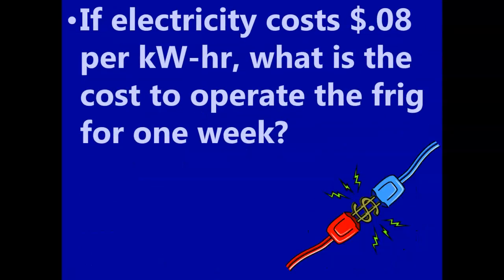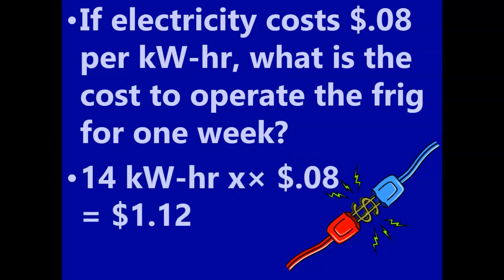Hopefully everybody got that. Now, if you're trying to figure out the cost, say it costs 8 cents per kilowatt hour again. You're going to take your 14 kilowatt hours times 8 cents, and it's going to cost you about $1.12 to run your fridge for a week.